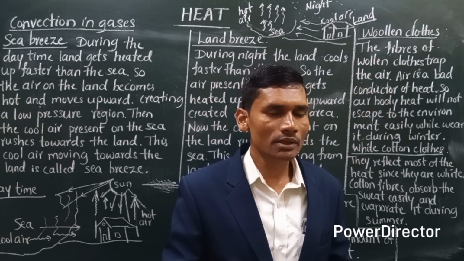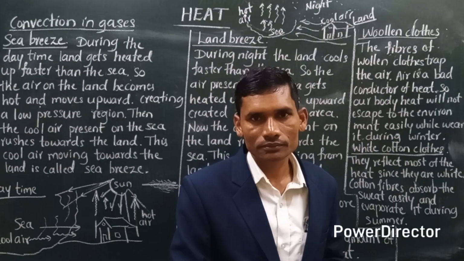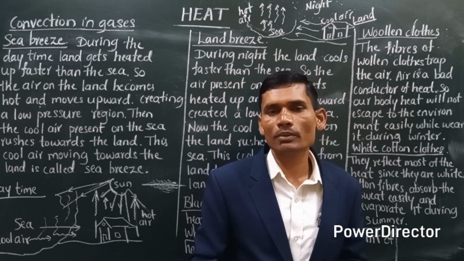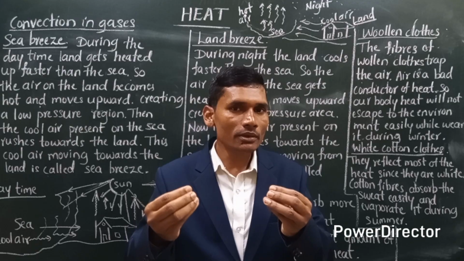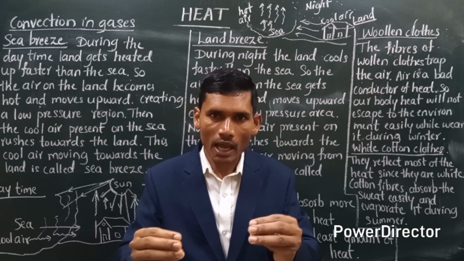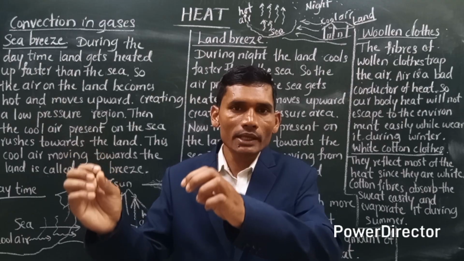What is the reason? Cotton is a good absorber of water or moisture, right? During summer season there will be more sweating. That sweat is absorbed by the fibers of the cotton cloth, as it is a good absorbent, and it is exposed to the air.